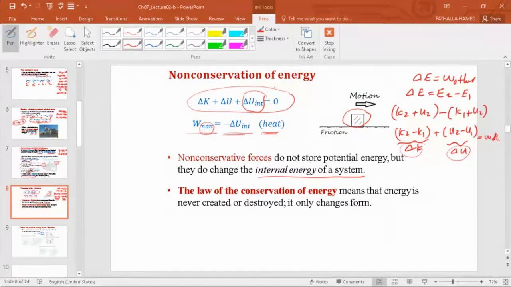So usually we say the energy is there, but it just went from one form to the other. So we say here the law of conservation of energy means that energy is never created or destroyed, it only changes form. So when you're talking about the object like the block here, it has kinetic plus potential. It may lose energy due to friction, but that energy basically goes into the system as an internal energy, as heat.